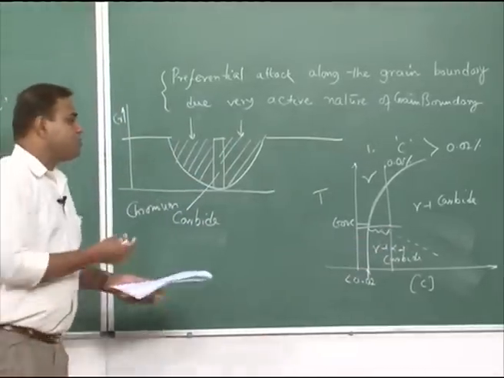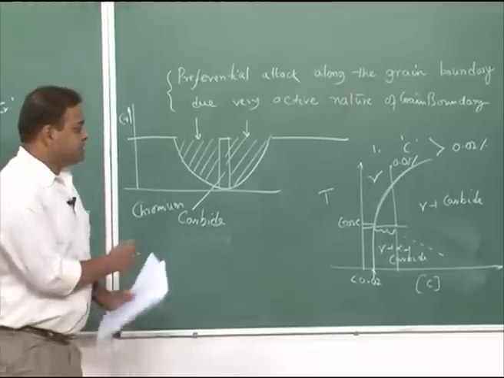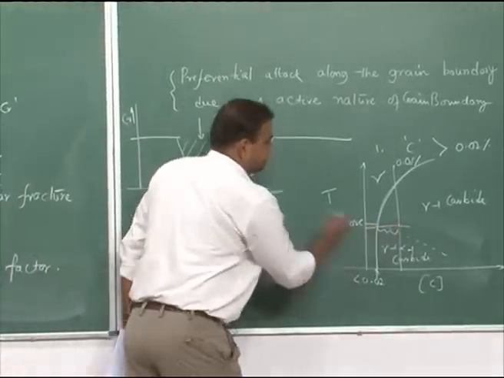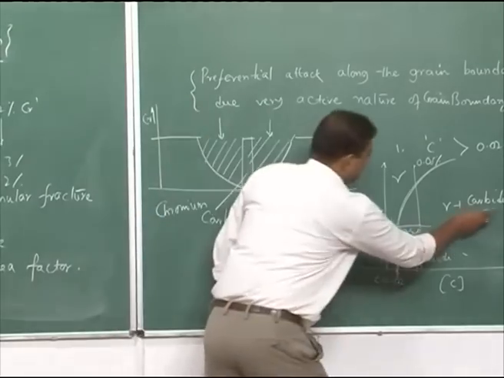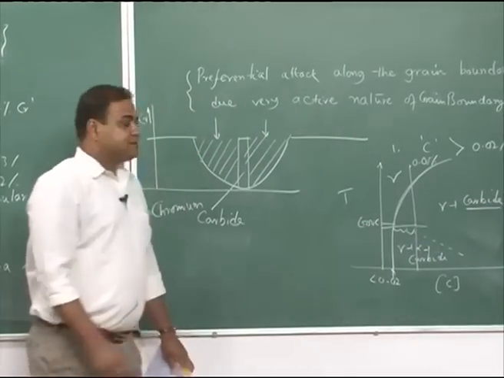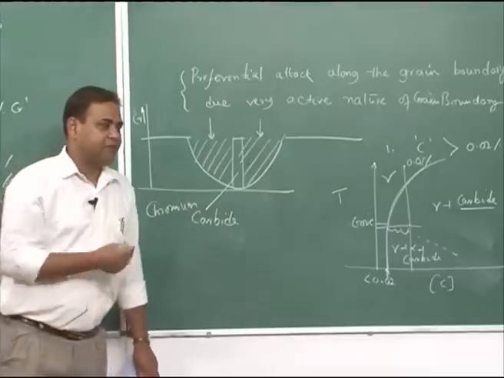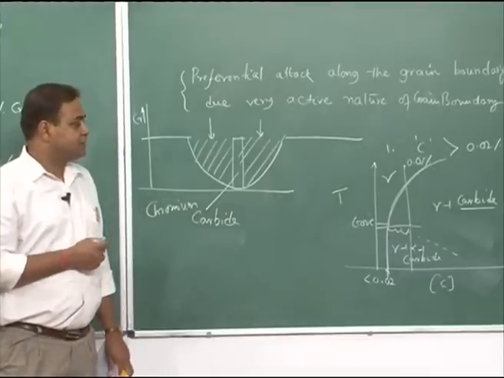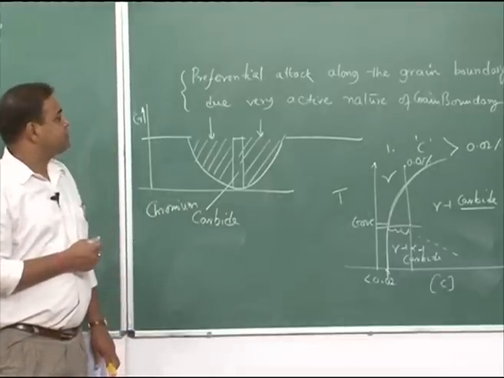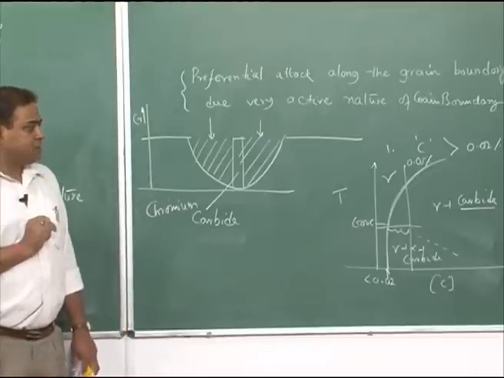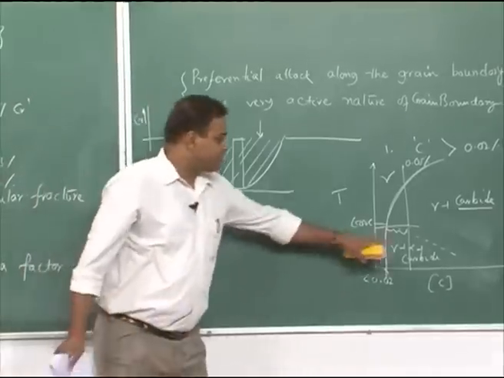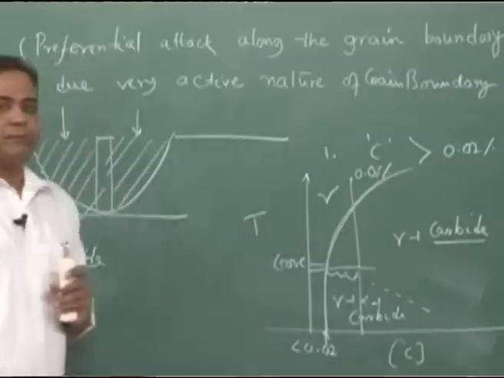If we allow some time, then this much carbon would try to come out of the lattice and form carbide. Chromium has a very high affinity towards carbon, and the chromium content is very high in 18-8 stainless steel, around 18%. So, the chromium will react with this excess carbon and form carbide.